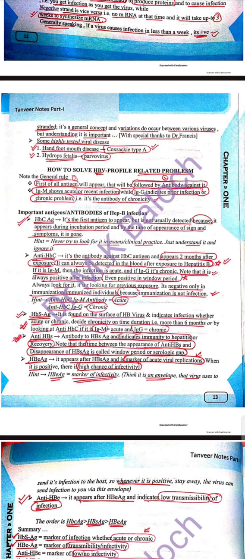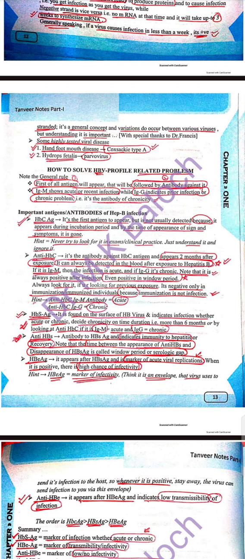It is negative only in immunization, in an immunized individual, because immunization is not infection. So it is present in case of infection, not in case of immunization. So hint is anti-HBC IgM antibody acute, anti-HBC IgG chronic.